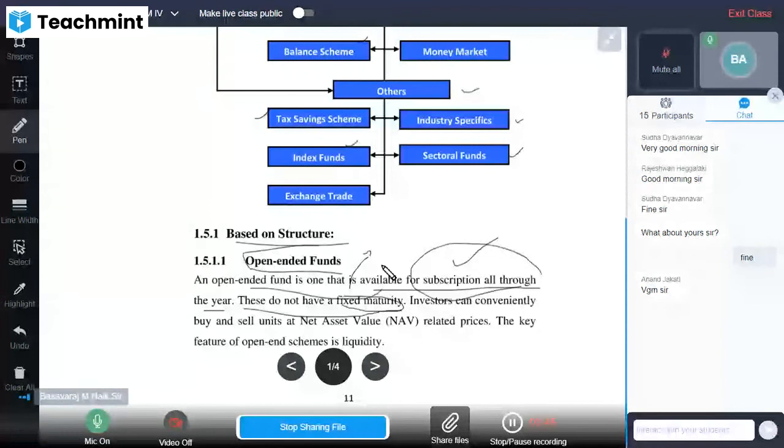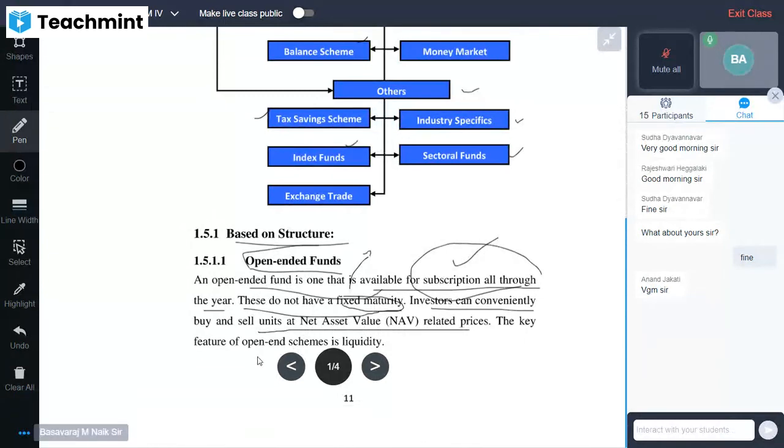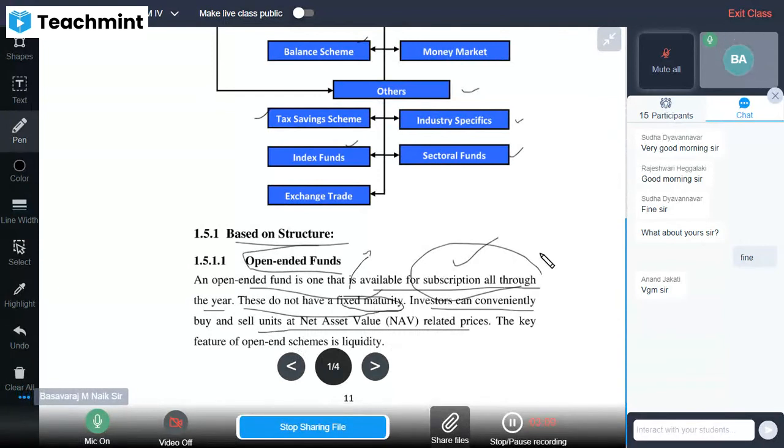Investors can conveniently buy and sell at net asset value related prices. The key feature of open end schemes is liquidity, because investors can sell at any time. There is no time horizon for these funds.